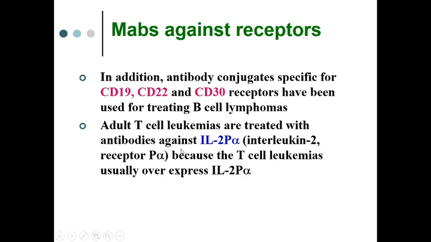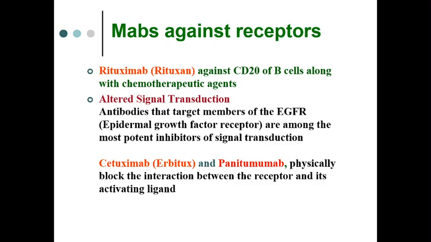Similarly, T-cell leukemia cells which overexpress IL-2 P-alpha receptor, and this monoclonal antibody is designed specifically to react on the IL-2 P-alpha receptor of the T-cell leukemias, will initiate the killing of the leukemia T cells by initiating ADCC or complement-mediated lysis.